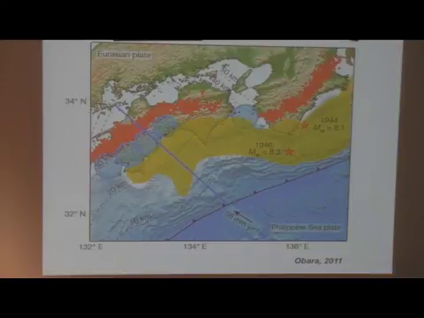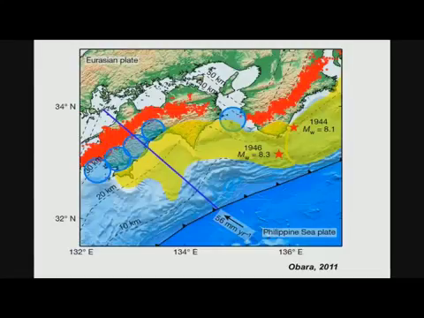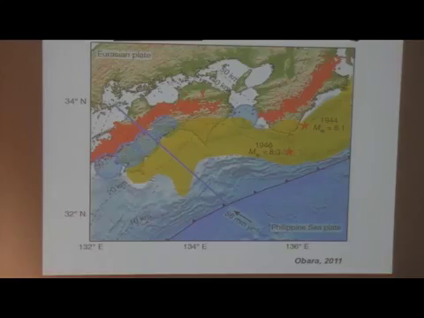Now in Cascadia, they have not observed these short-term slow slip events, but they've seen a gap between what they think is the down dip area that's locked and the tremor and short-term slow slip events. So they haven't seen it, but they have a gap. It hasn't been filled in yet by these long-term events. I think they're still looking for them. They're thinking they're going to find them.